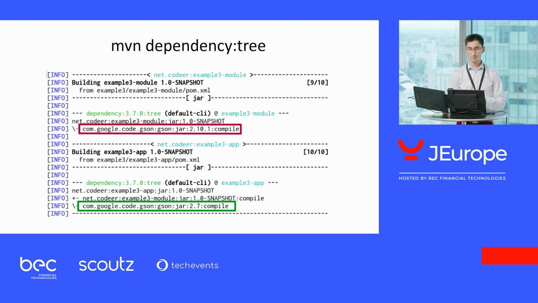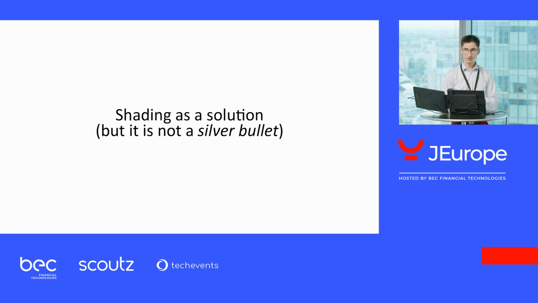In general, our dependency tree from Maven is very useful to see which dependencies we are using and in which versions. And to solve these problems with classes that are shadowed by different classes, we can use shading. But it is not a solution for all our problems.